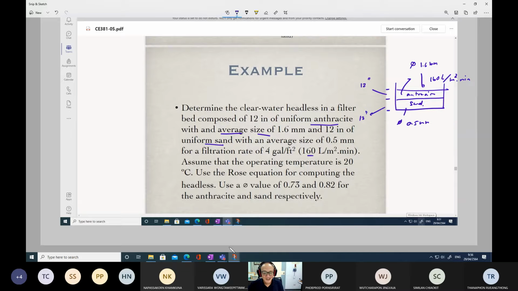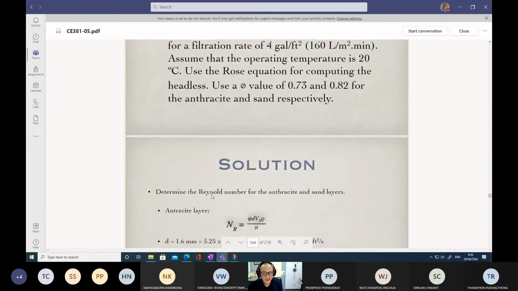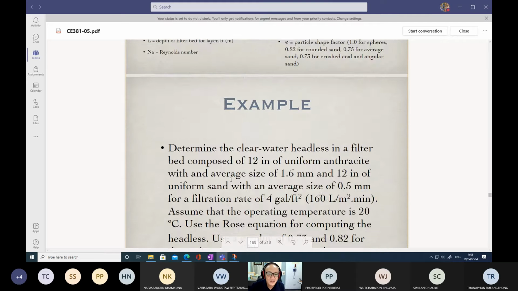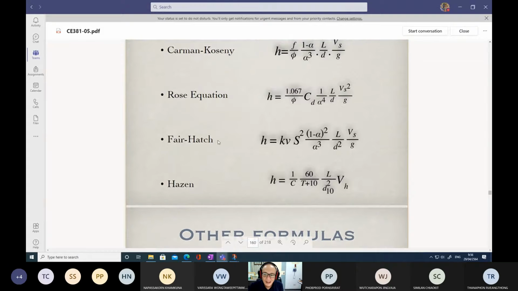Okay, so this is the question. Then how do we solve it? We are going to determine the initial loss by using Rolle's equation. So you have to look back at how Rolle's equation looks like. This one is Rolle's equation.